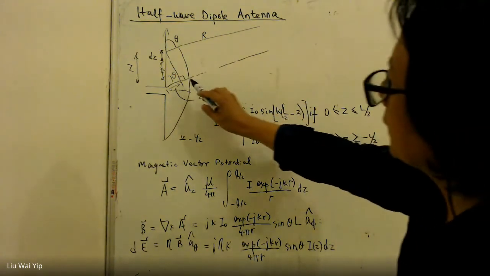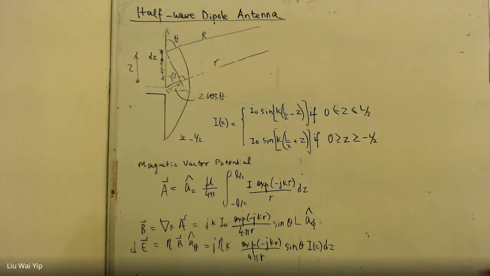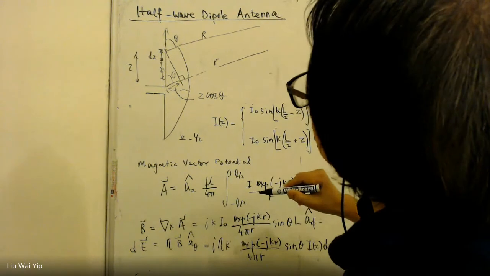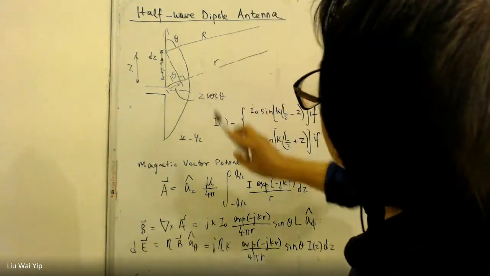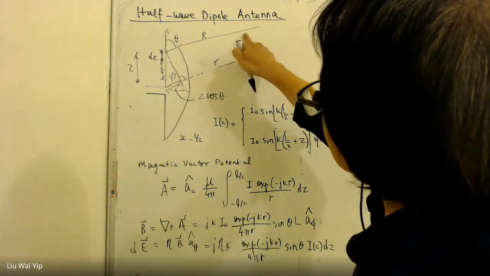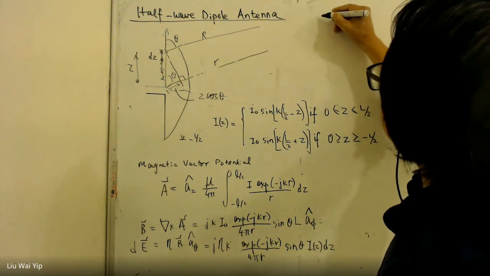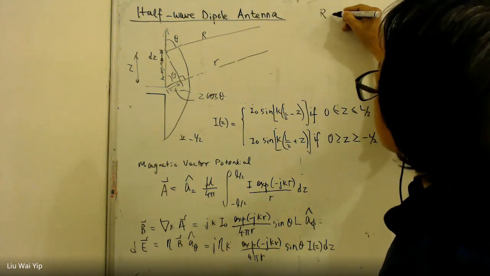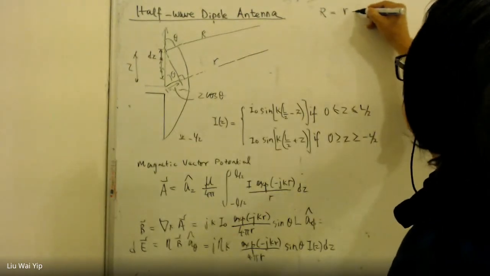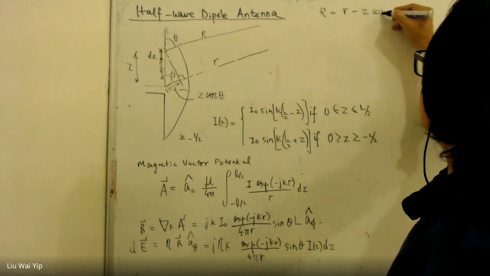So suppose this length here is R small one. And at the tip of the antenna, which is here, the vector is R. So we have R equals this longer length here minus Z cosine theta.